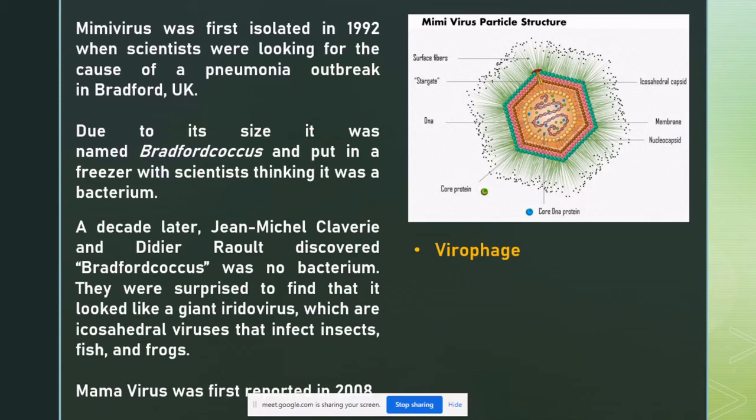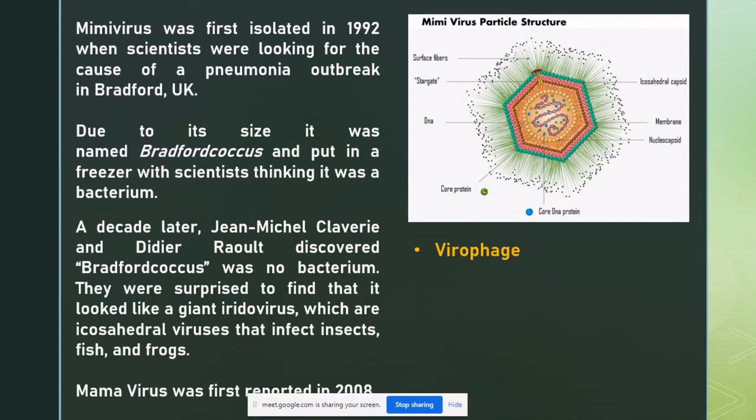Earlier it was known that no two viruses can infect the same cell, but that's not the case. With a virophage, this one virus cannot infect the cell unless another virus has already infected, or another virus infects and then it goes inside, and then, using its machinery, it can reproduce.